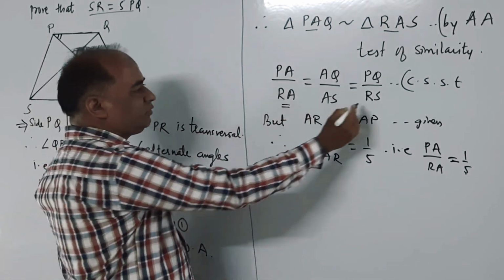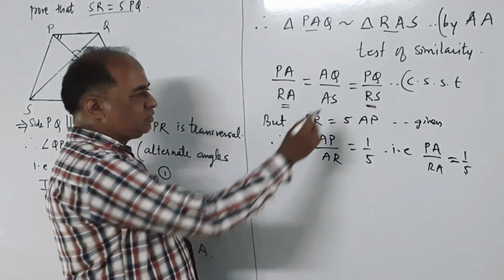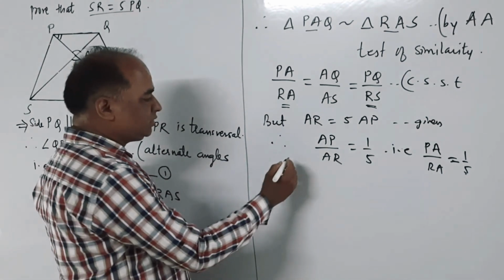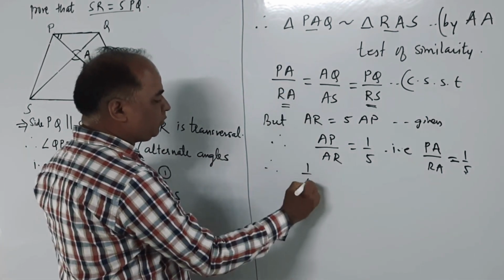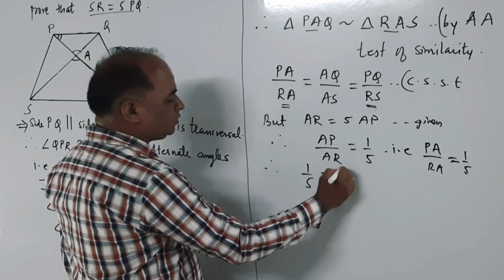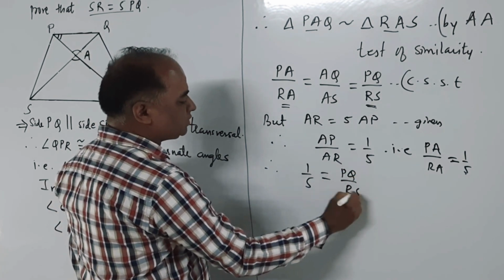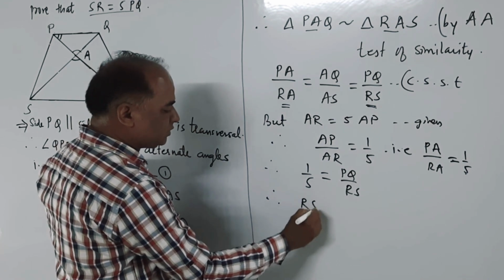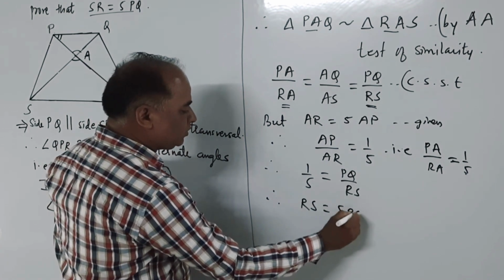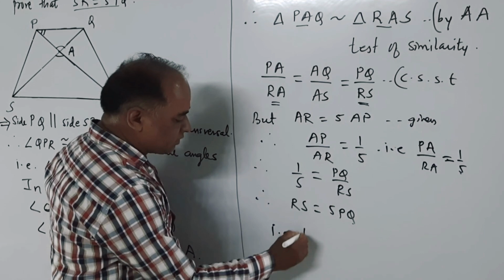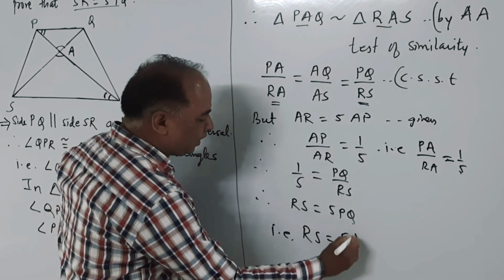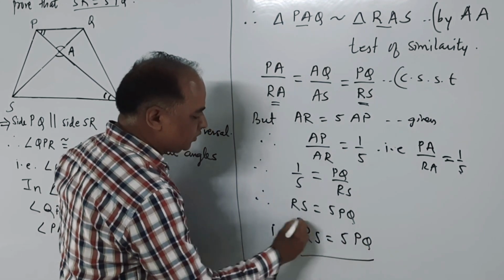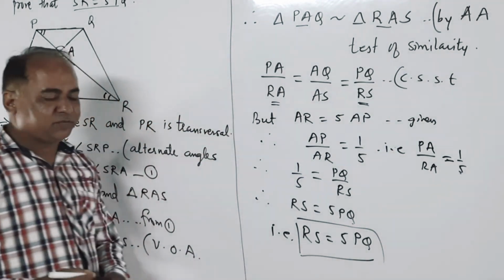So this is given. You have to find the relation between PQ and RS. Therefore, the ratio 1 upon 5 is equal to PQ upon RS. Therefore, RS is equal to 5 PQ. Hence, we have proved it: RS is equal to 5 times PQ.